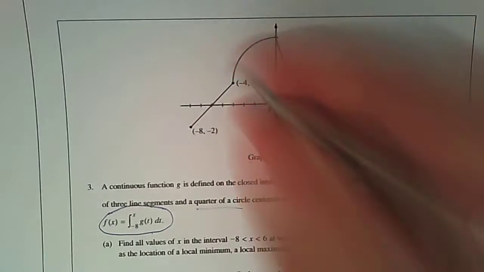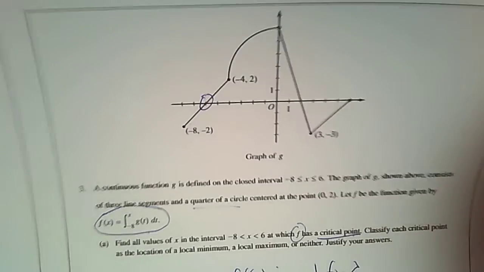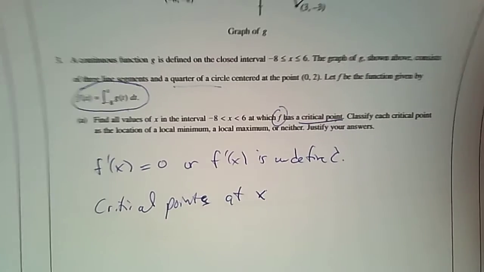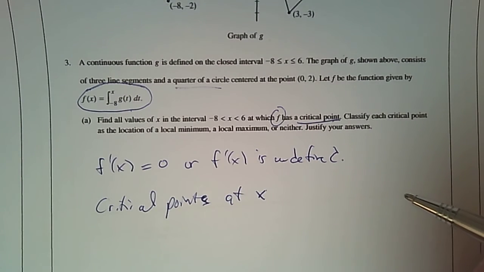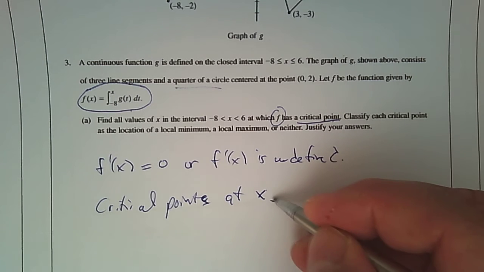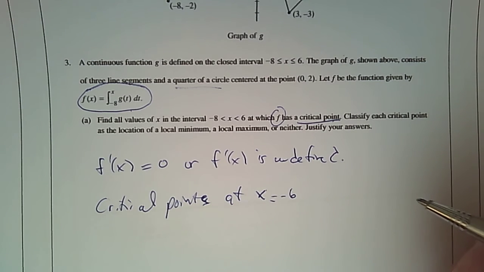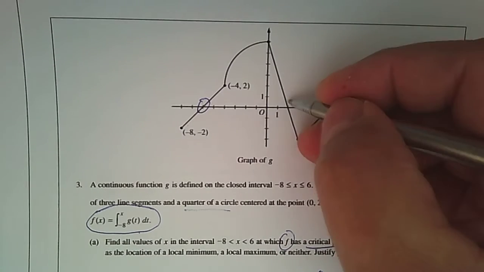First of all, here it's equal to 0, which is at -6. And the other one is at 2.